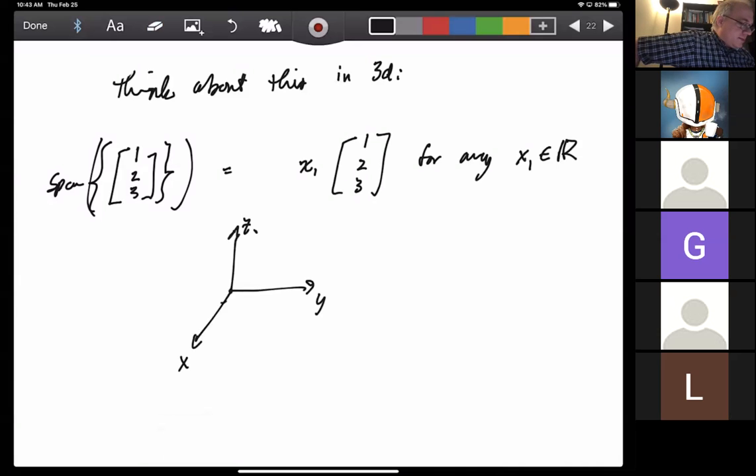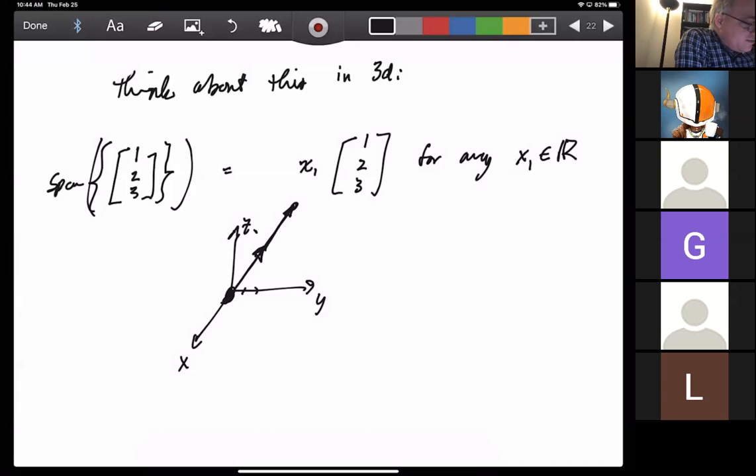Well, 1, 2, 3. So here's my basic vector. I could take 0 times that vector. I just get the point at the origin. 1 times the vector gives me the vector. 2 times the vector gives me a point out here. And in general, what am I going to get? The set of all of these is going to be a line.